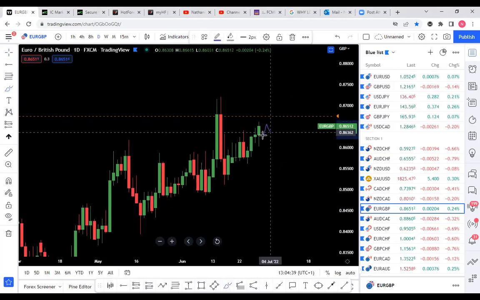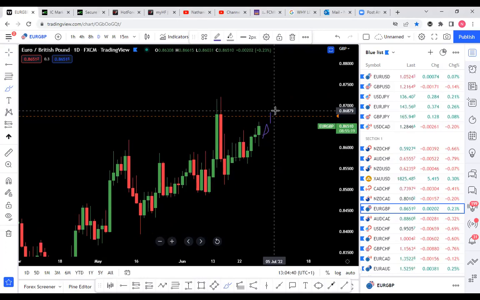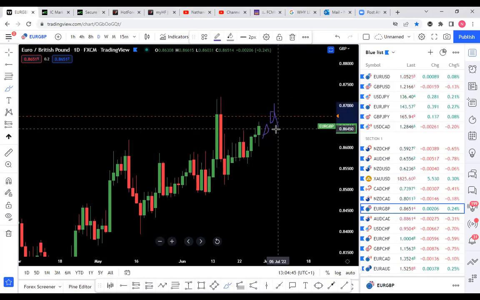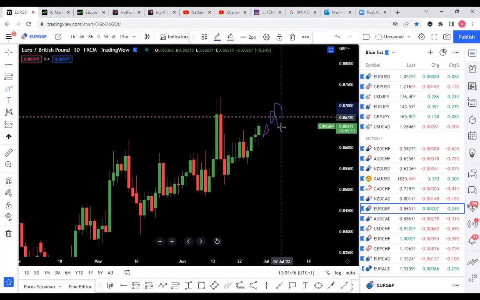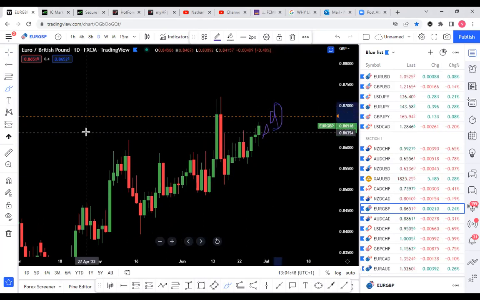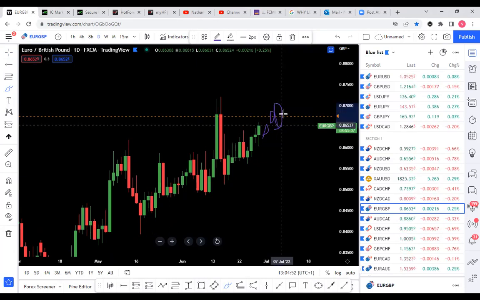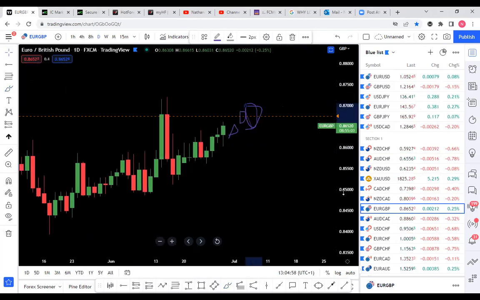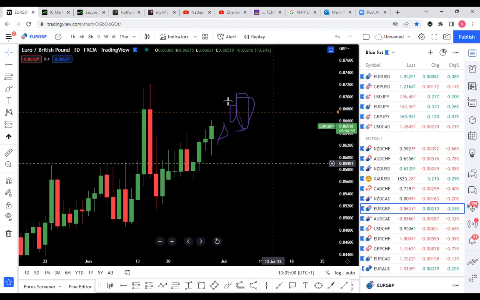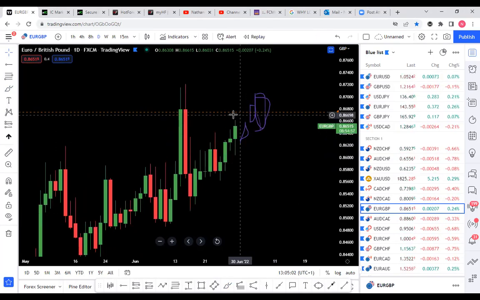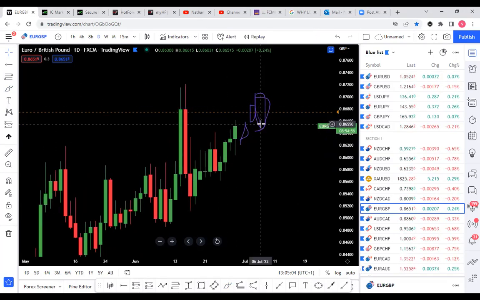You're going to get to a stage where you are going to see another daily engulfing candlestick. You are going to see it. That's what is going to show you that there is selling pressure, that selling pressure has been introduced into the market.